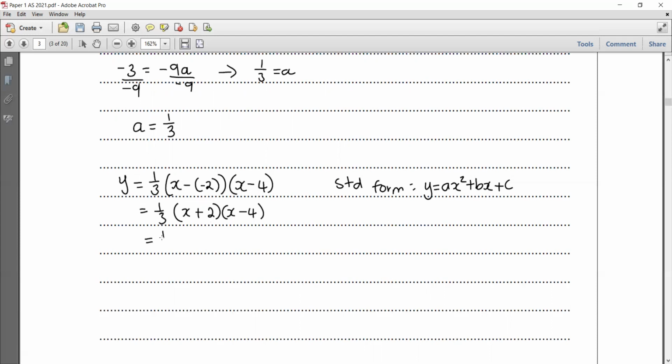So this is 1/3. X times x is x squared. X times -4 is -4x. Then 2 times x is 2x, and then 2 times minus 4 is minus 8.